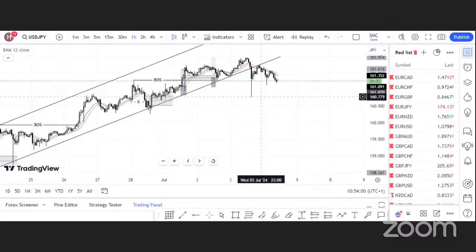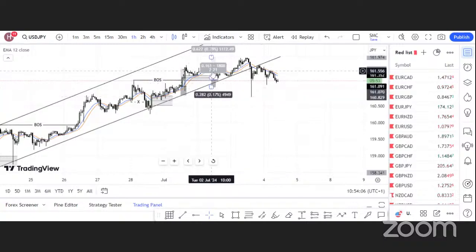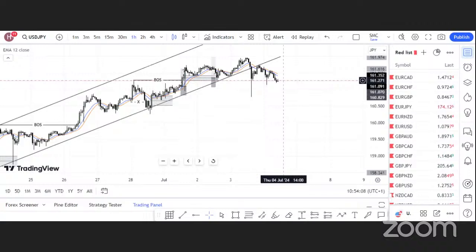Okay, but this was due to the USD news that affected the market yesterday. Right, so I think the market is going to continue to go bearish. We have the retest that happened here earlier, and the market is currently making bearish moves. And then we also have the break of structure, which is the break from the trend line, right?